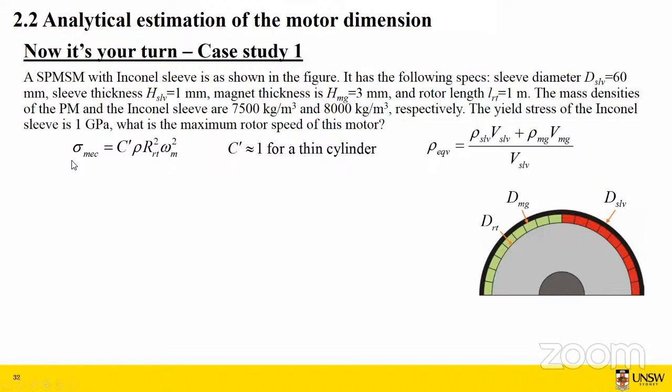So using this equation and considering it as a thin cylinder, and this is the equation, like I said, to calculate the equivalent density, to consider the centrifugal force acting on the magnet. Using these three, can you estimate the maximum rotor speed? Okay, I'll give you 3 minutes to try this.